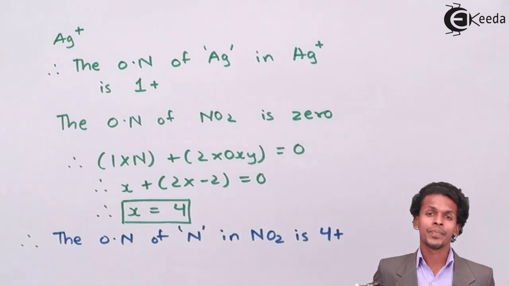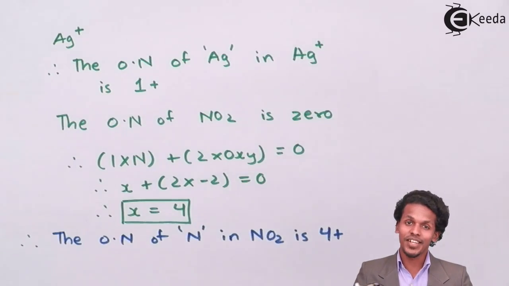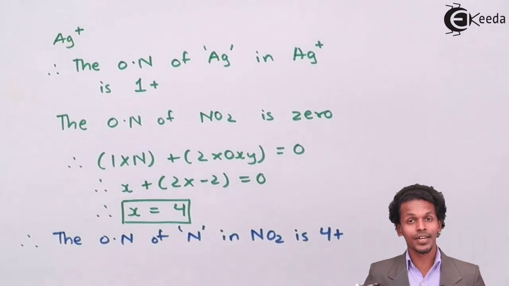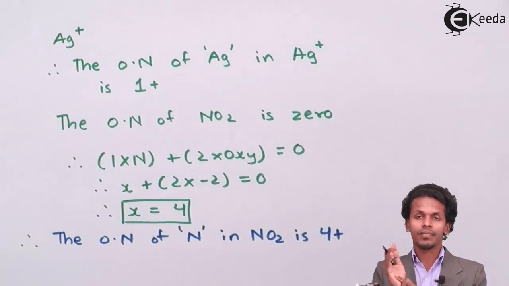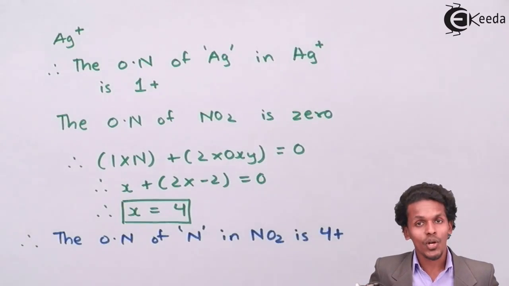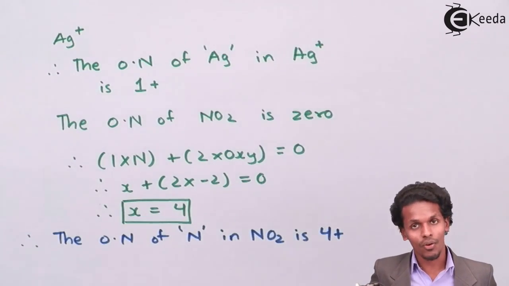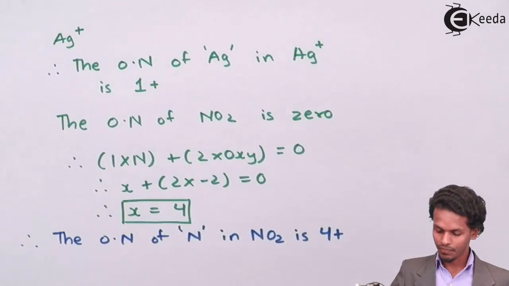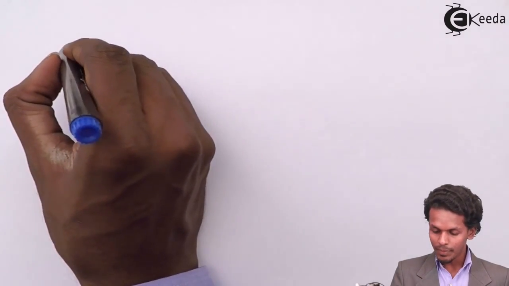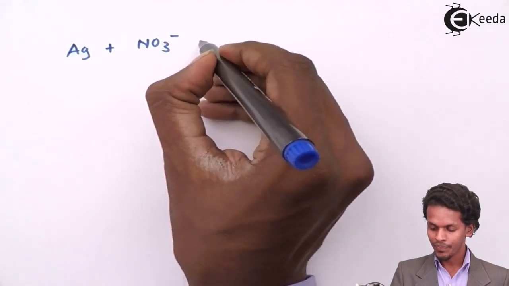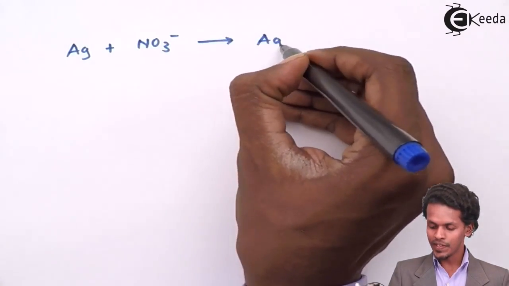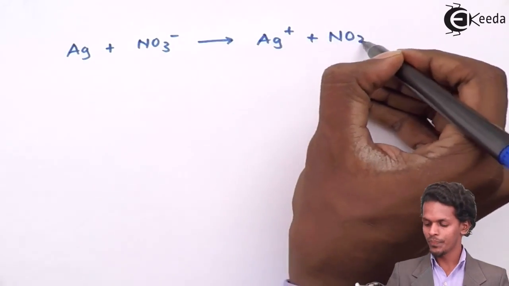So this is how we have calculated the oxidation numbers of the atoms present in the reactants as well as in the products. Now we are going to check whether the reaction involves oxidation as well as reduction, that is, whether the overall reaction is a redox reaction or not. So let us find it out. The reaction mentioned was Ag plus NO3 minus giving Ag plus NO2.